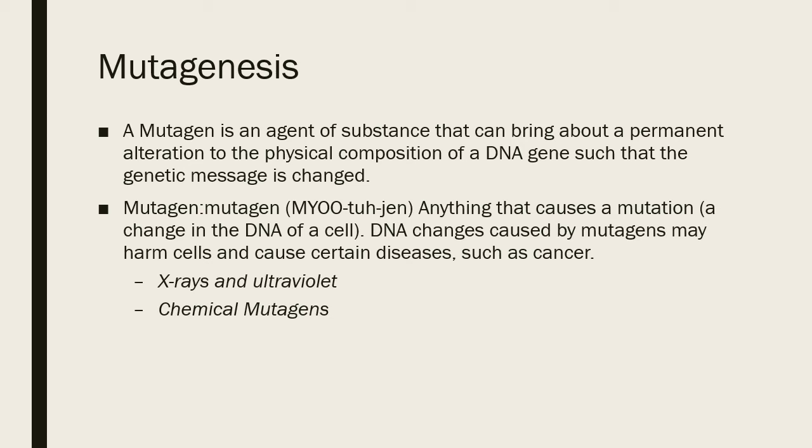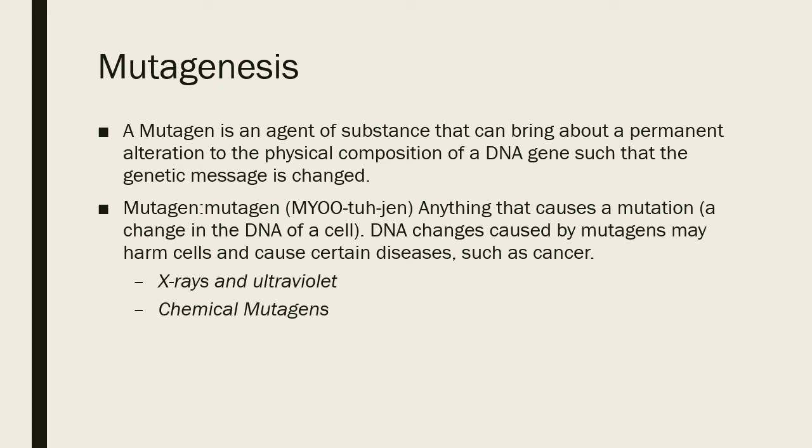So what is a mutagen? A mutagen is an agent or substance that can bring about a permanent alteration to the physical composition of a DNA gene such that the genetic message is changed.